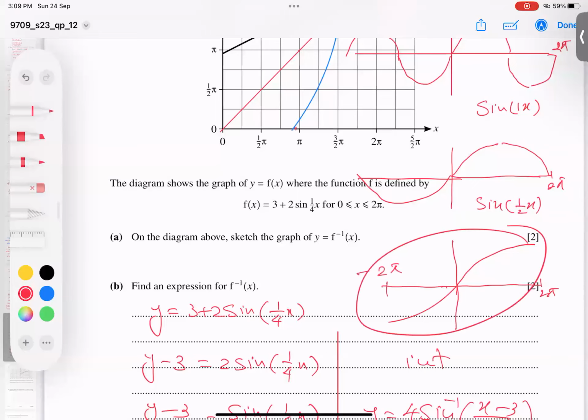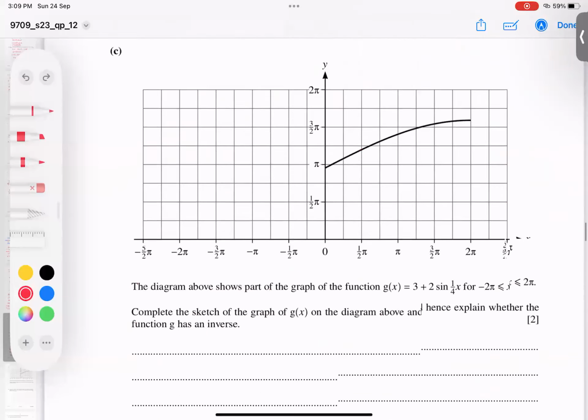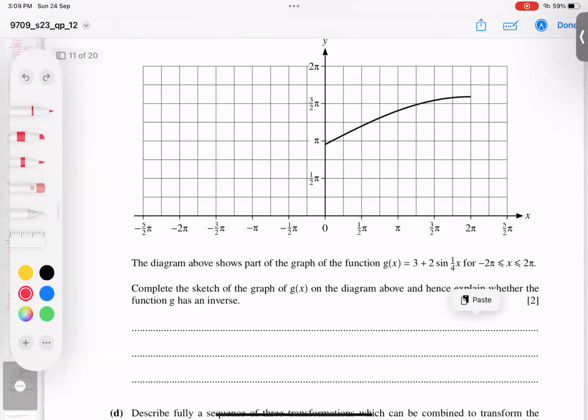I believe you got the point very clear. So it means I will make it end at 2 pi, and this point is slightly above 3 pi by 2. Or you can say, see how much gap from here, the same gap below, because this is always the middle line.